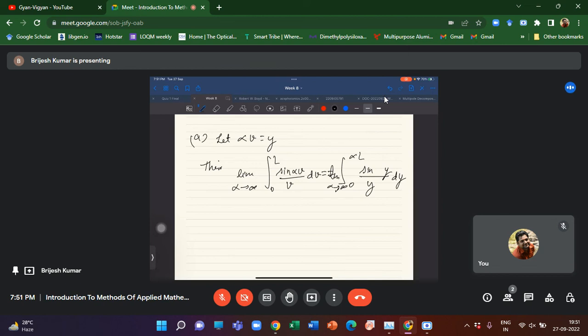Okay, so what will be the integral? If we put the limit alpha tends to infinity, this will be the integration from 0 to infinity of sin y over y dy. So what is the integration of this one?